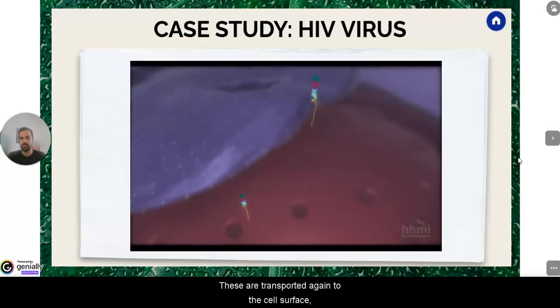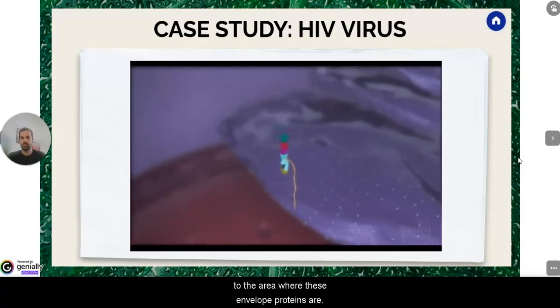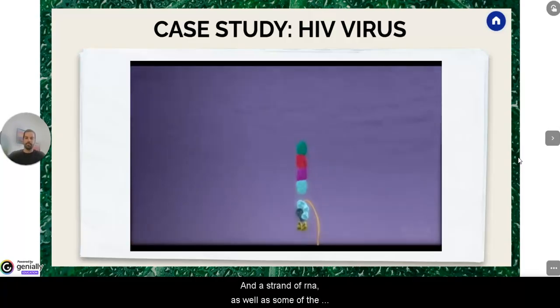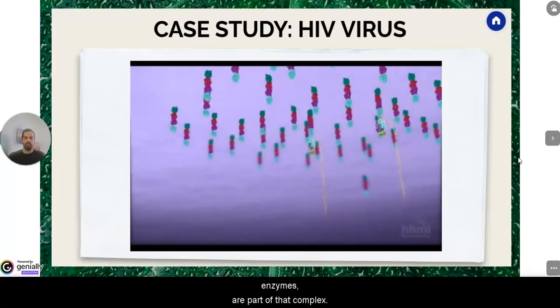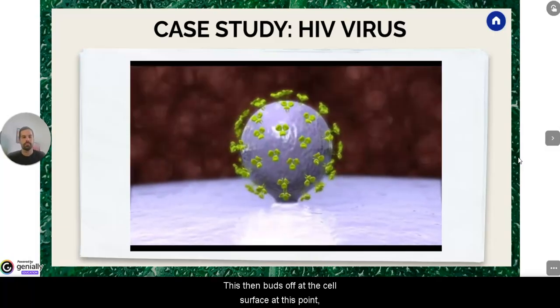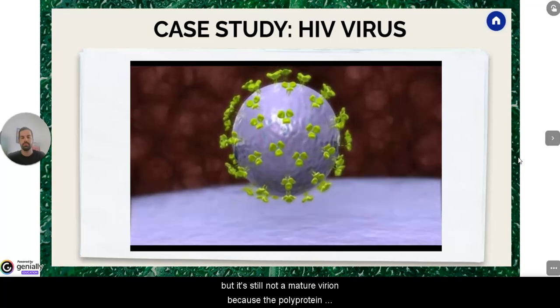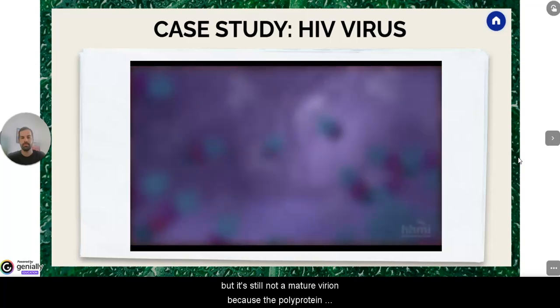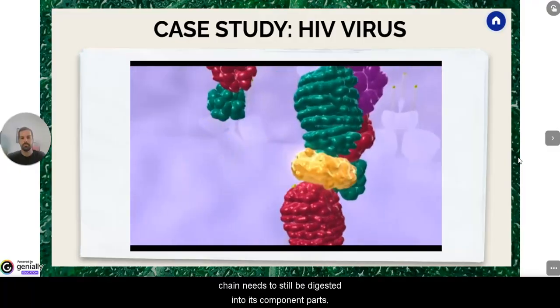These are transported again to the cell surface, to the area where these envelope proteins are, and a strand of RNA as well as some of the enzymes are part of that complex. This then buds off at the cell surface at this point, but it's still not a mature virion because the polyprotein chain needs to still be digested into its component parts.